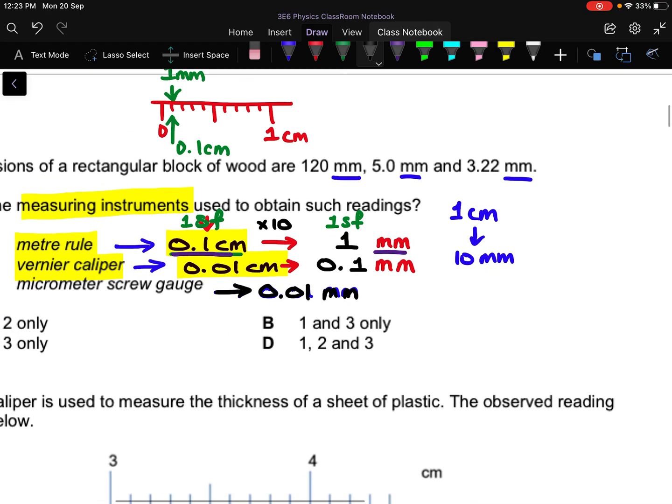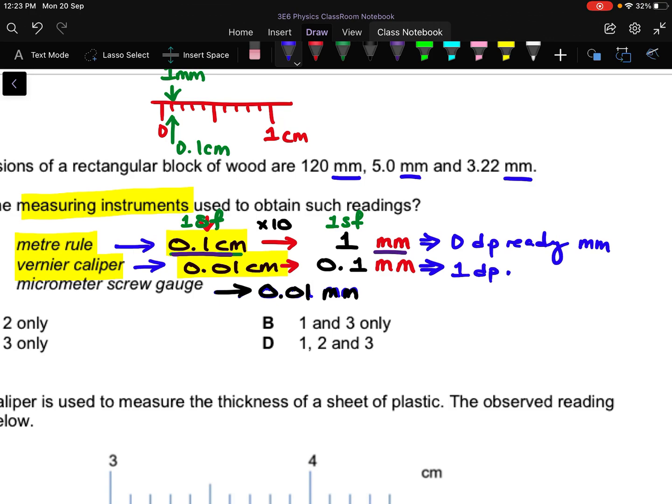So once you have worked these precisions out, you can actually tell that a meter rule will be able to give you a 0 dp reading in terms of mm, and your vernier caliper will be able to give you a 1 dp reading in terms of mm, and then your micrometer screw gauge will give you a 2 dp reading in terms of mm.